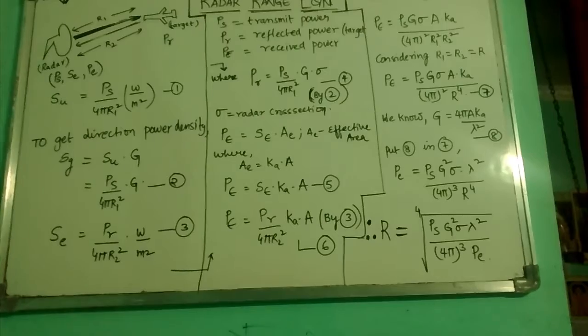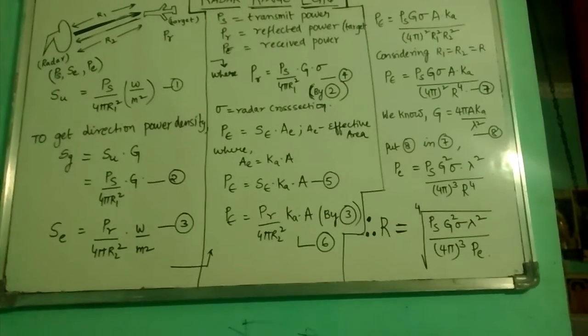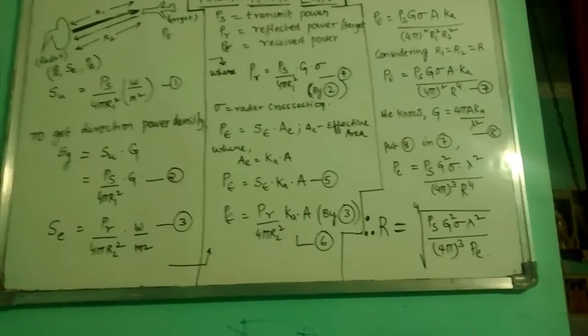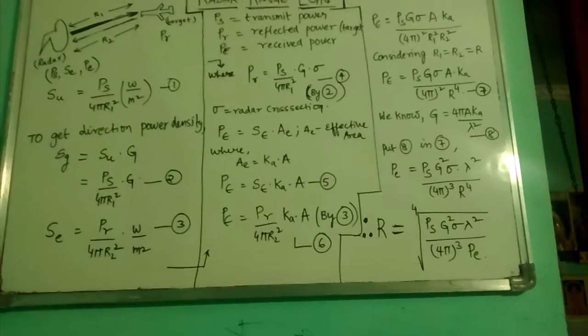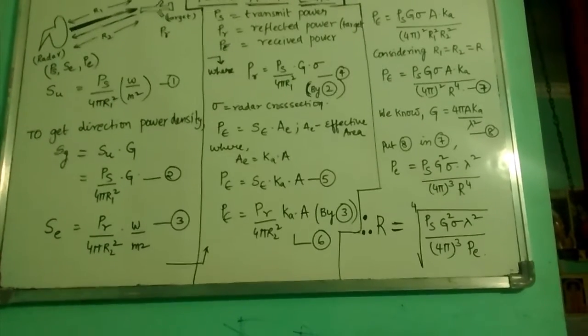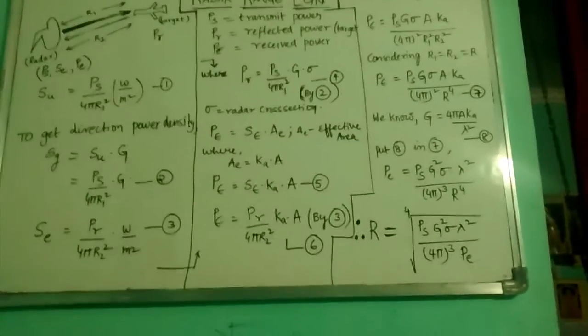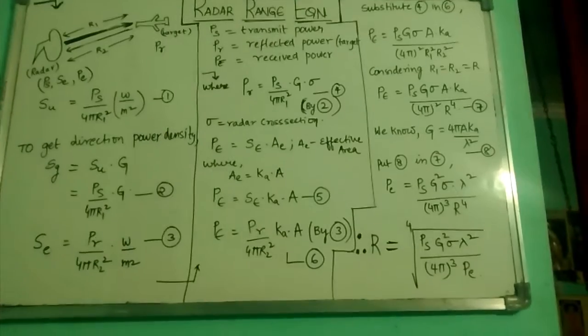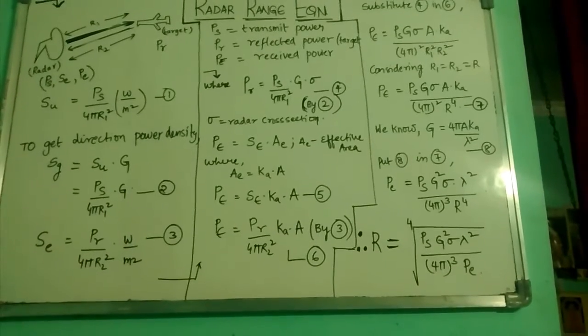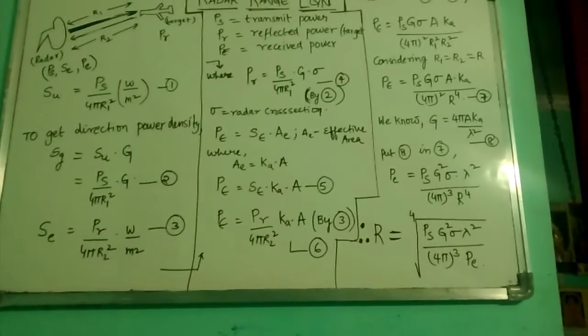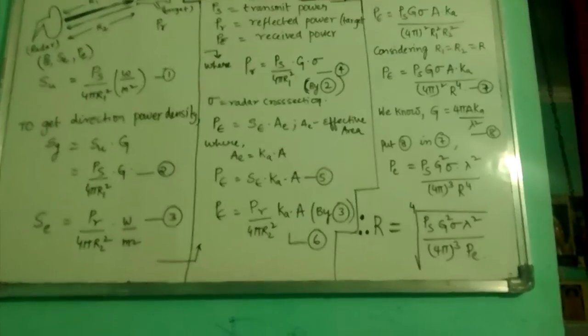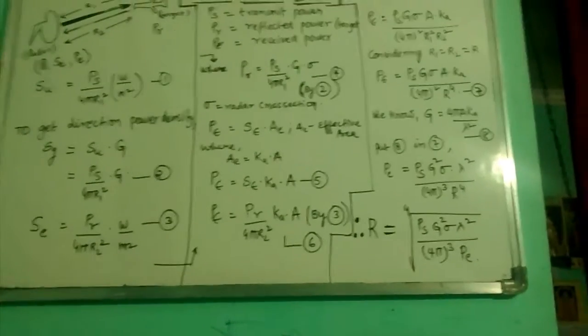When we deal with any antenna, the waves radiate in the form of constant spheres. So we consider the radiated energy to be in the form of a sphere, and the area of a sphere is given by 4 pi r square, where r1 is the distance from radar to the target.